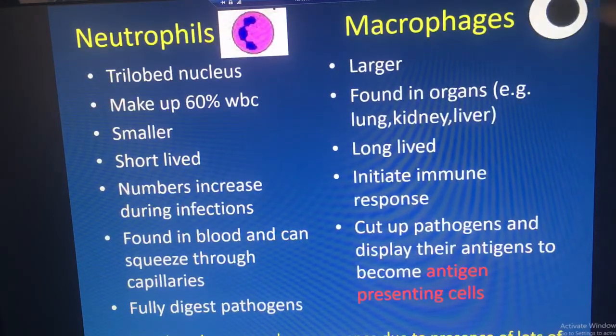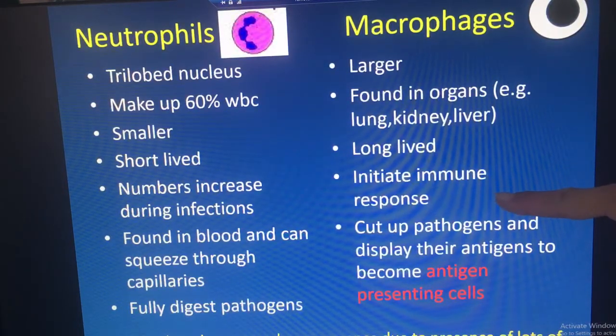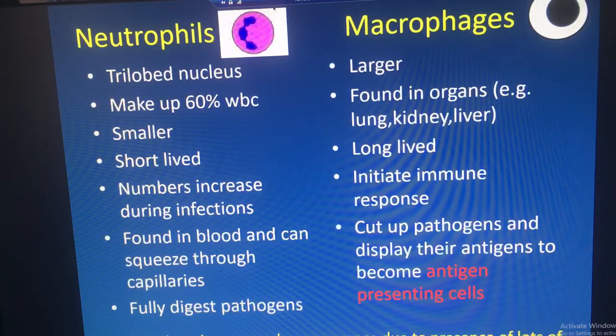Our macrophage family of phagocytes tend to be slightly larger, and they're predominantly found in the organs and carry out phagocytosis in the cells within an organ. They tend to be slightly longer lived, and they have a role in initiating or starting a specific immune response.